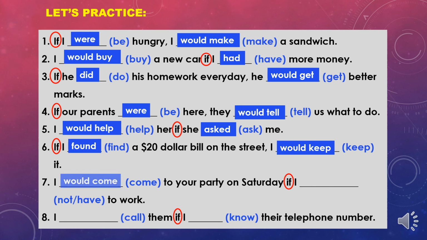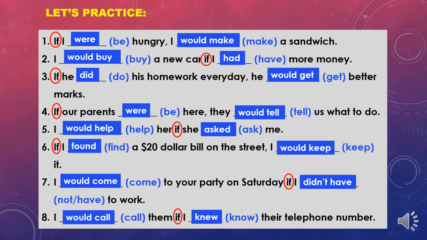Number 7. Correct. I would come to your party on Saturday if I didn't have to work. Iría a tu fiesta el sábado si no tuviera trabajo que hacer. Number 8. I would call them if I knew their telephone number.